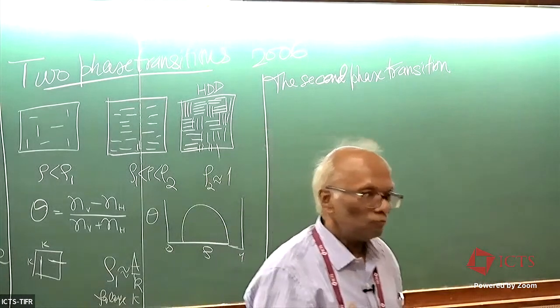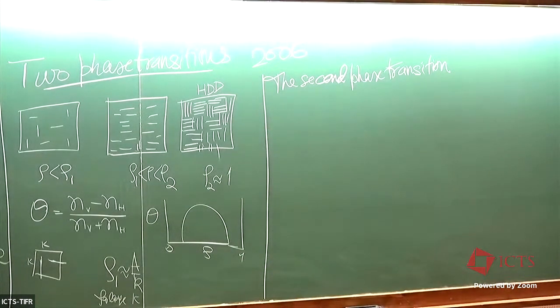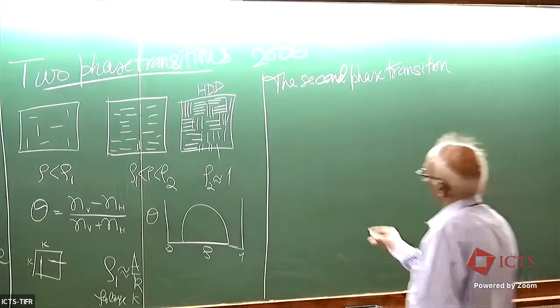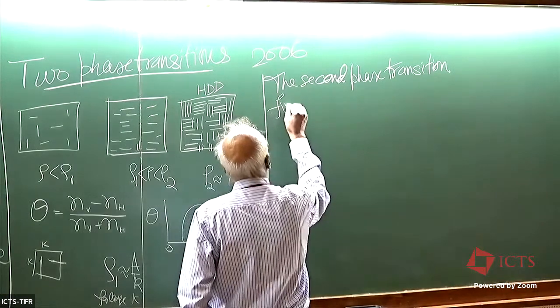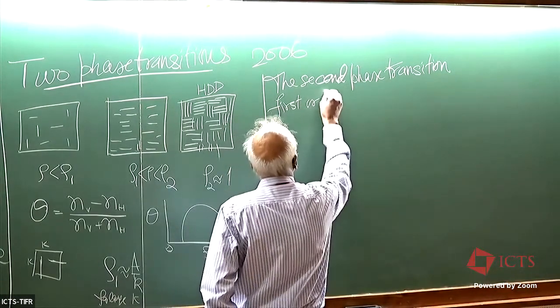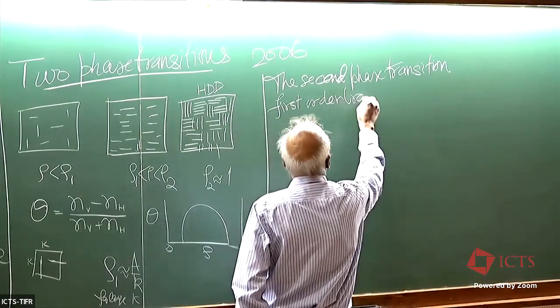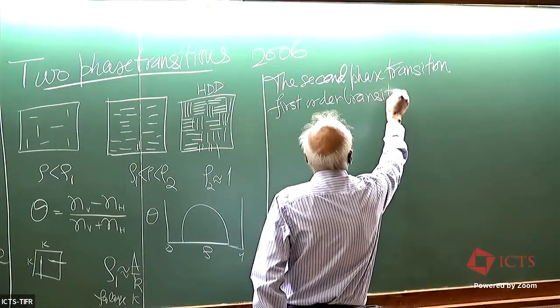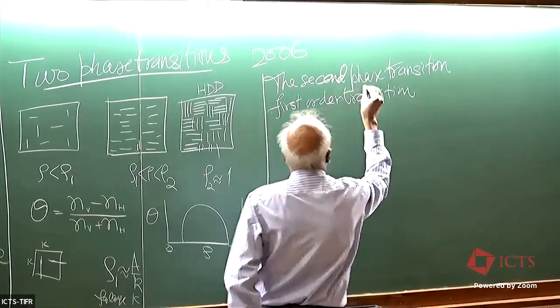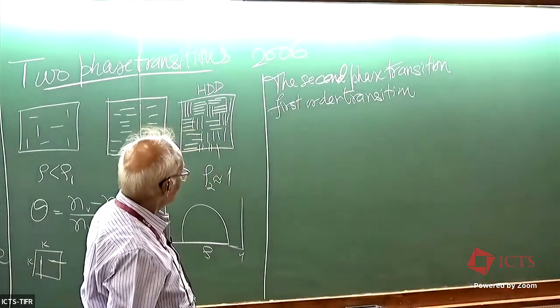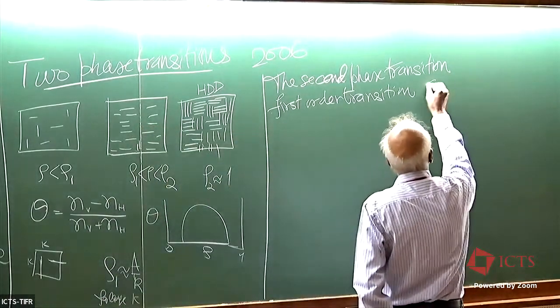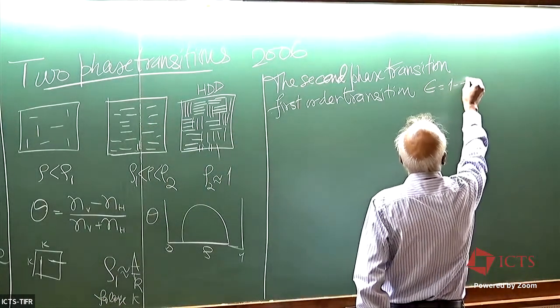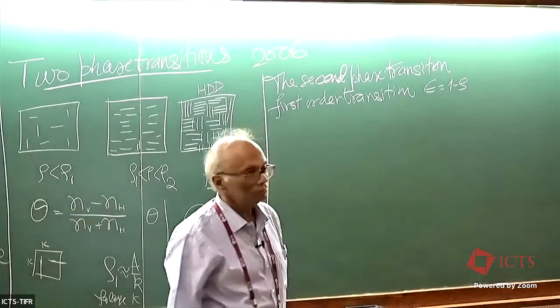What we would like to show in this lecture today is that the second phase transition is a first order transition. And for me, it is convenient to work with a variable which is the density of holes, which is 1 minus rho.